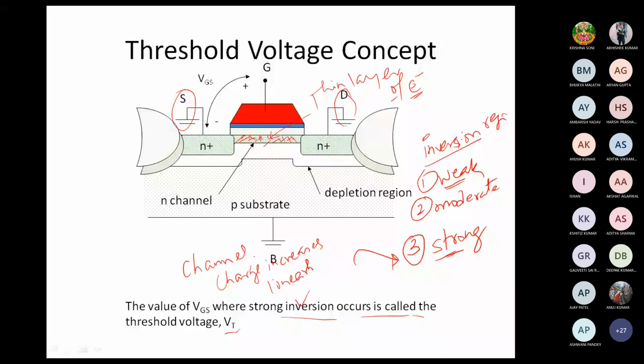That is called strong inversion. In weak inversion, the charge increases exponentially, but the amount of charge is very low.